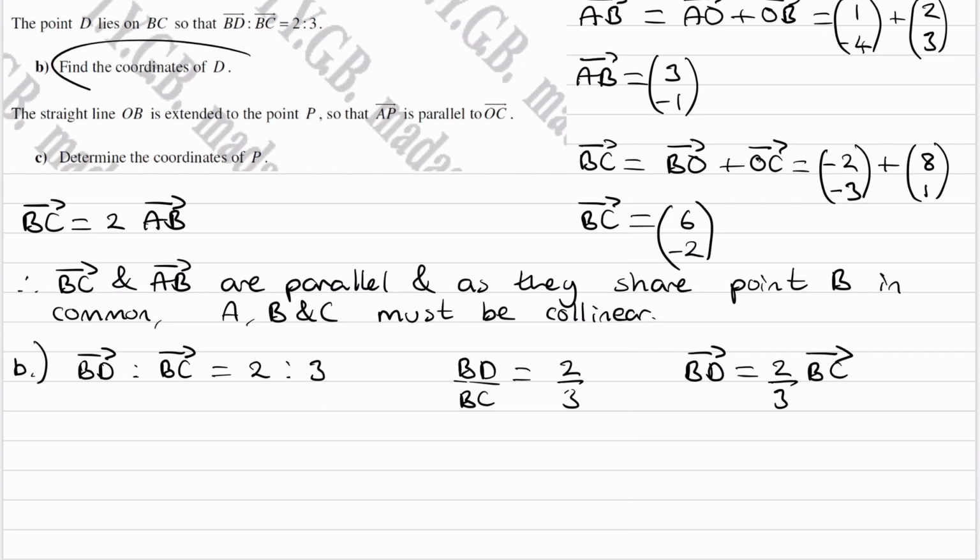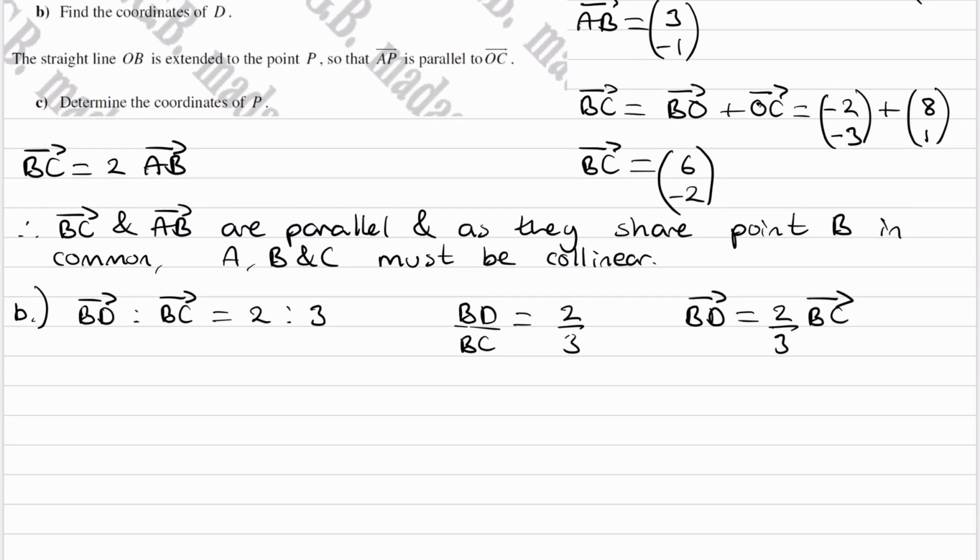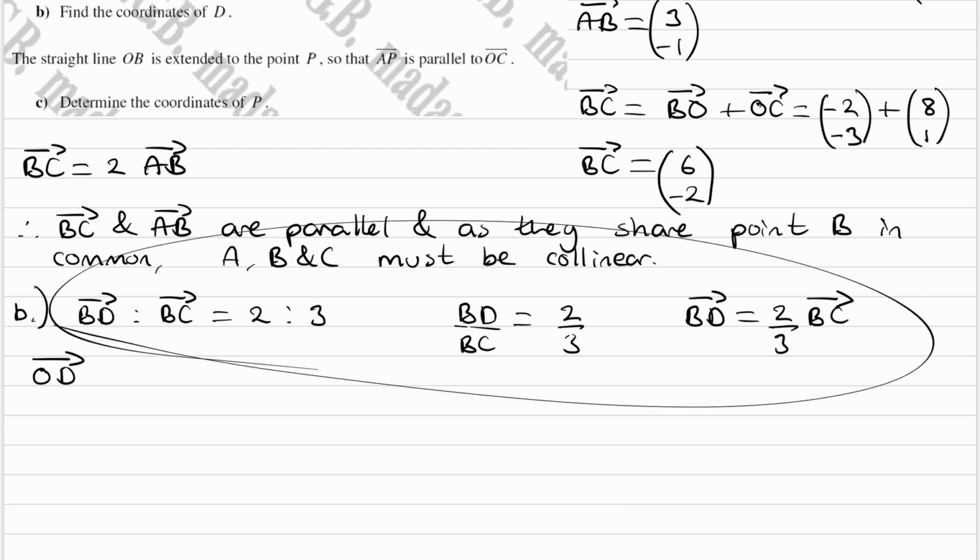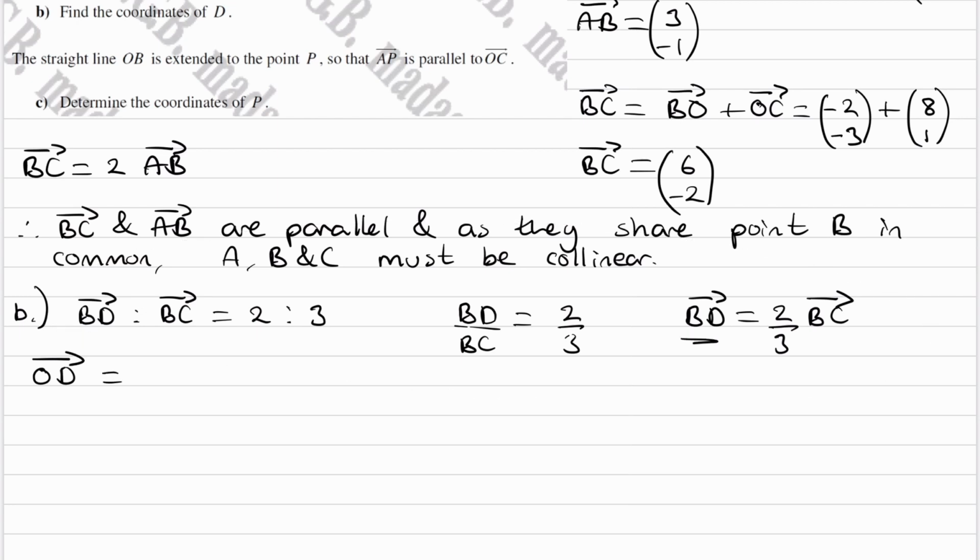We're trying to work out the coordinates of D, so let's work out what the position vector of D would be. Let's go from O to D. We'll use the information that we have here. If we have BD, we can go from O to B, and then from B to D, and that will give us OD. To work out BD, we need to work out what 2/3 of BC is.